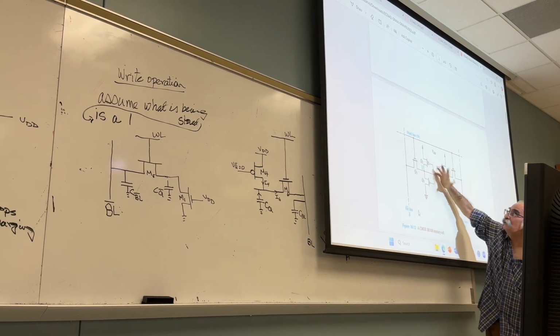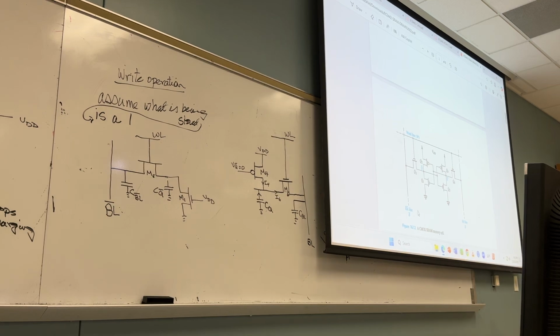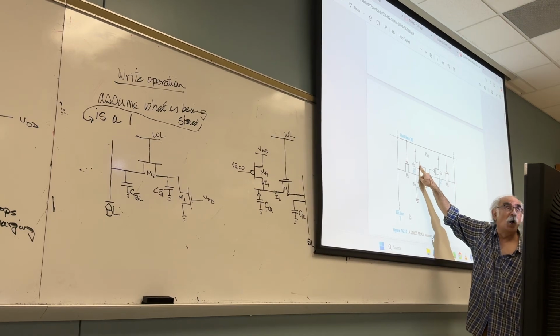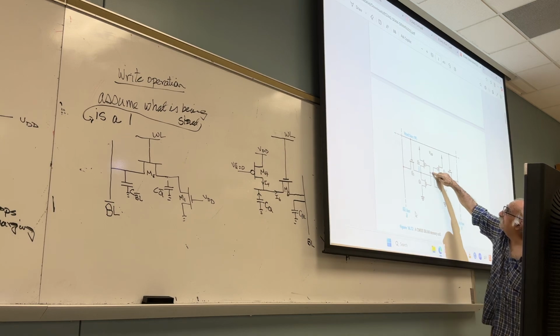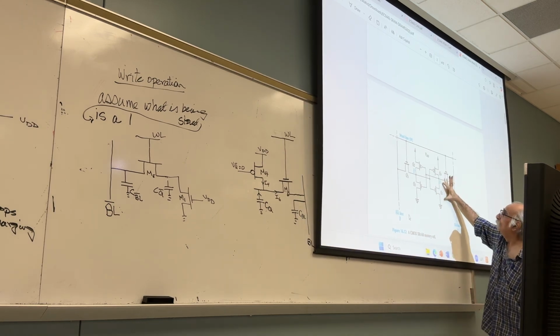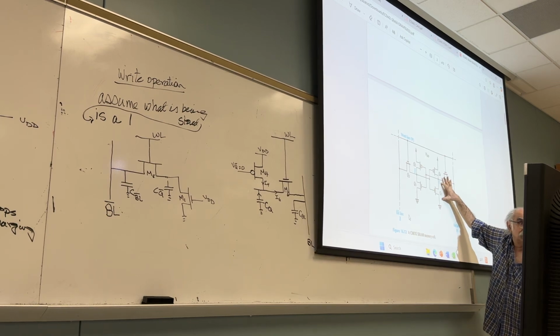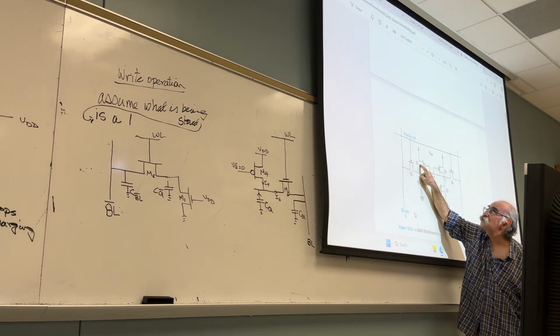Remember, I want to switch this up. What was Q bar initially? 0. What do I want to make it? What do I need to do? PMOS. I need to make sure that this one comes on. Which means, remember what is the input to this one? It is Q. I want this capacitor to charge up to the value which will cause this one.